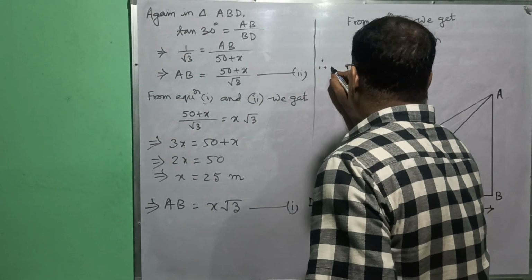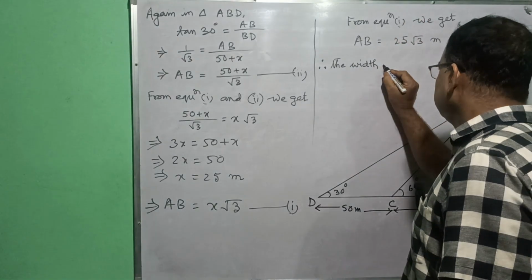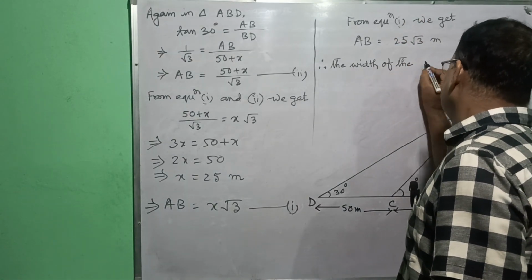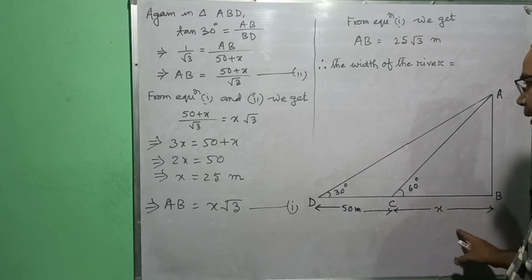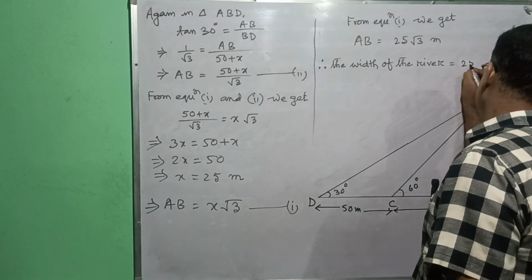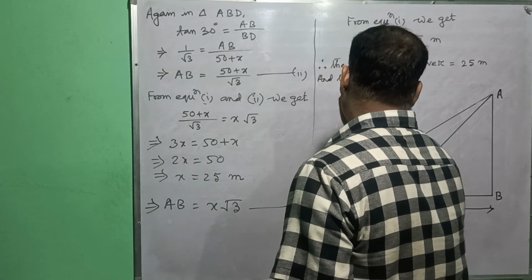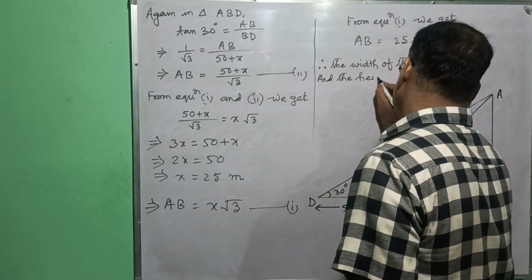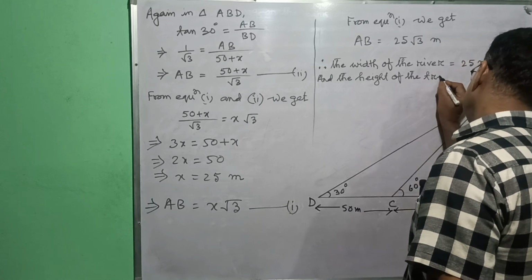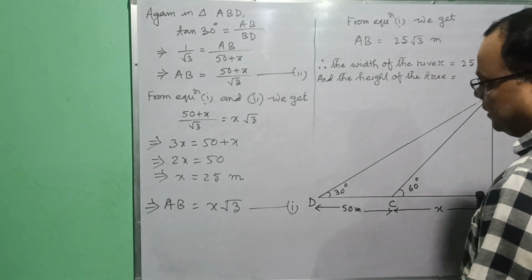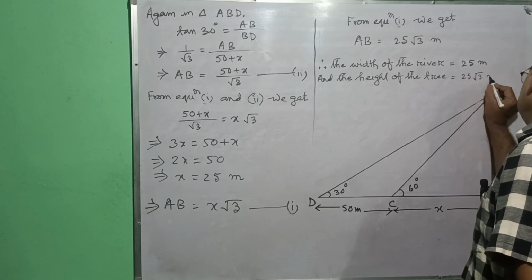So we'll write, therefore, the width of the river is x, so x equals 25 meters, and the height of the tree equals 25 root 3 meters.